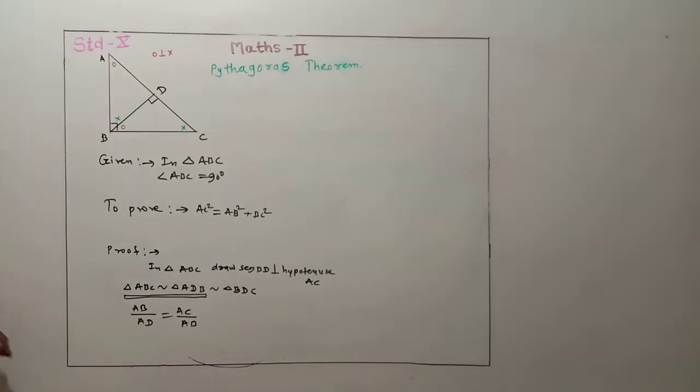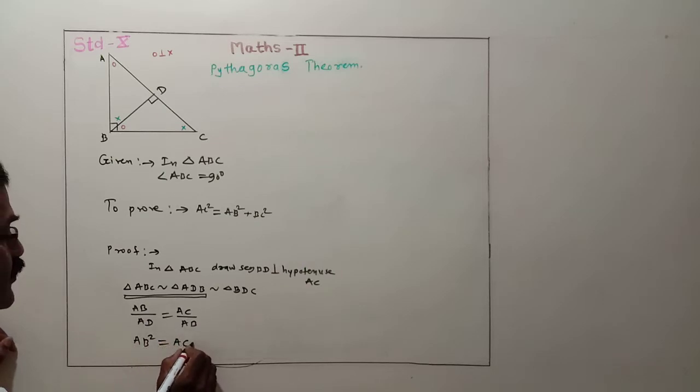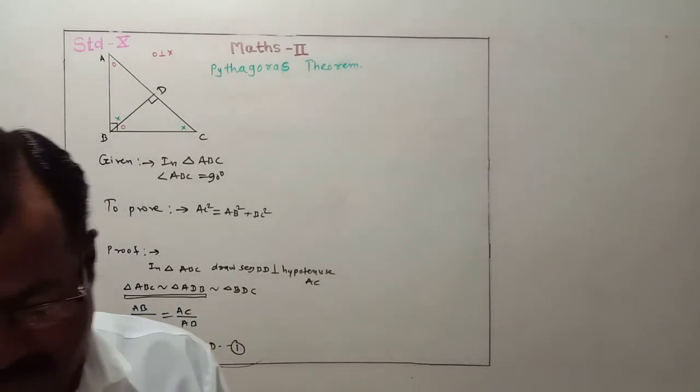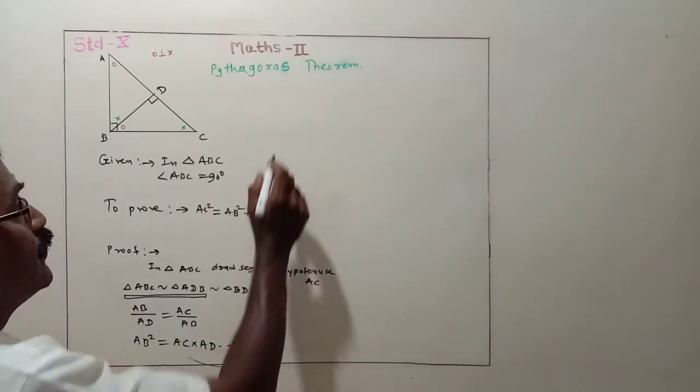If we take cross multiplication, AB into AB, AB square, is equal to AC into AD. This is first.